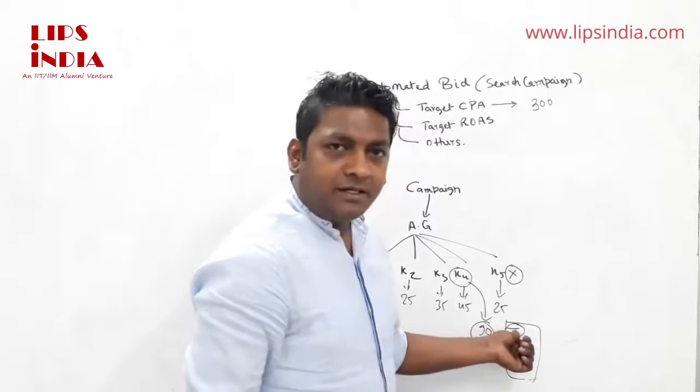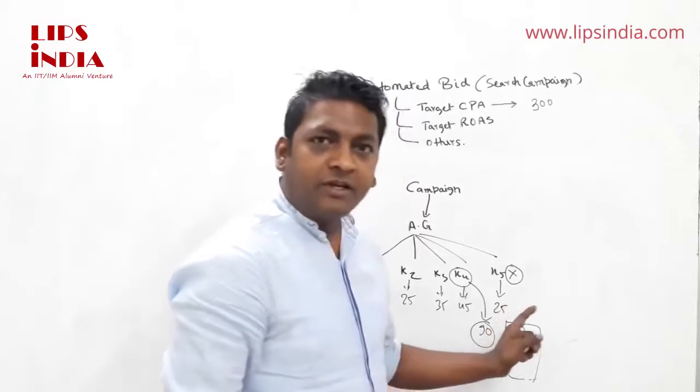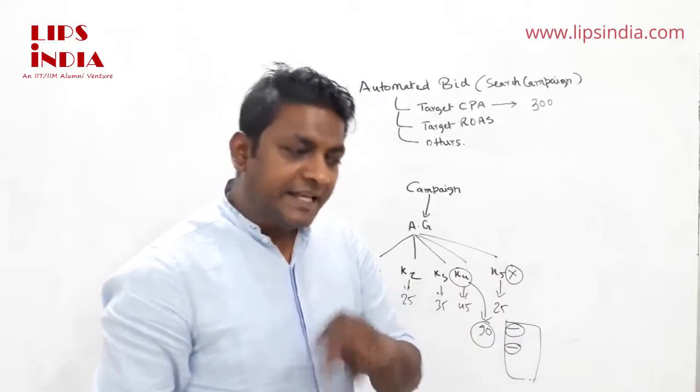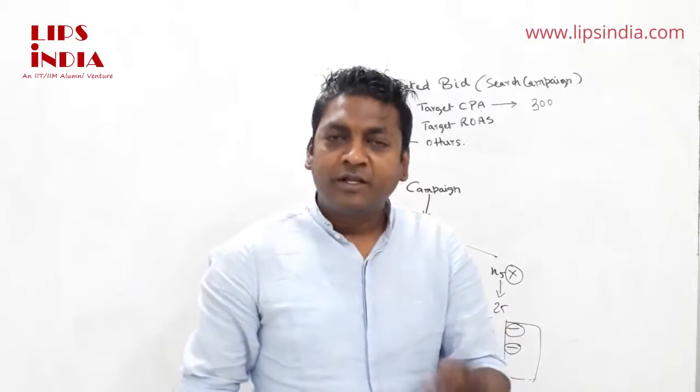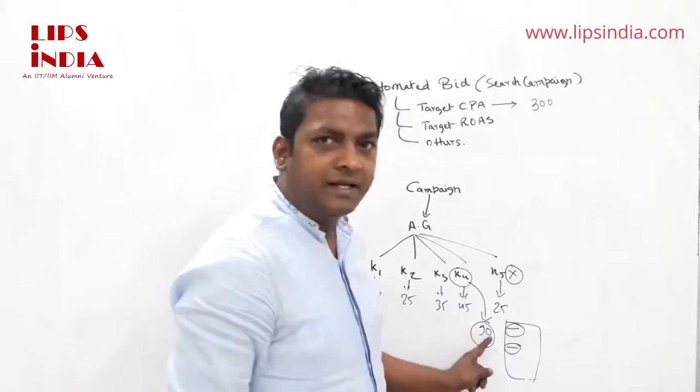The ad appears here on the top. A user clicks on your ad, visits a website, and does not end up in a conversion. You still end up paying money for the click.